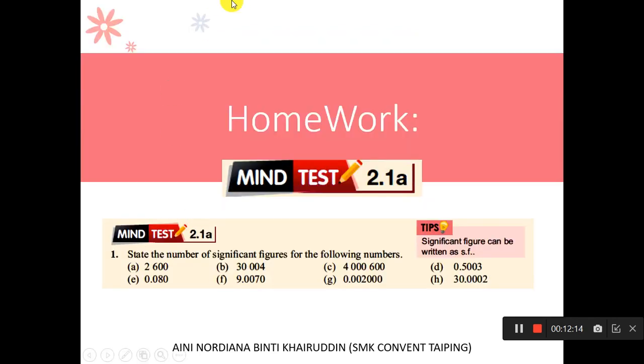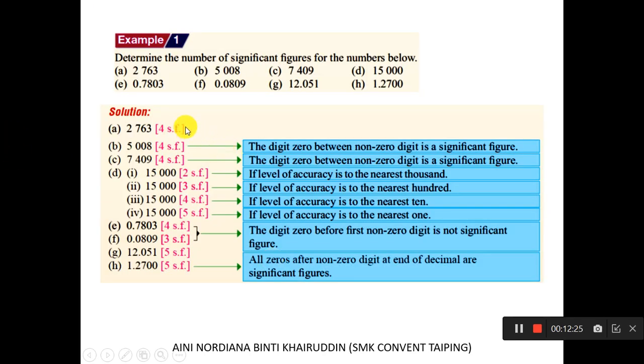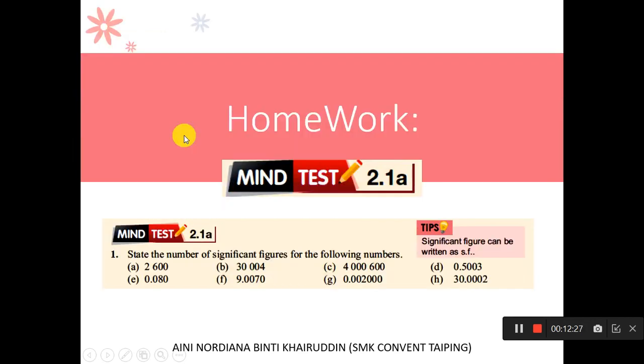So this is your homework. Mind test 2.1a, state the number of significant figures. Write your answer in the bracket, in color. You can write significant figure as S.F. So for example, state the number of significant figures for the following number.